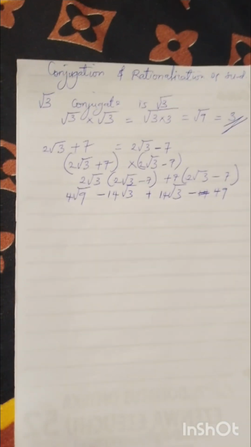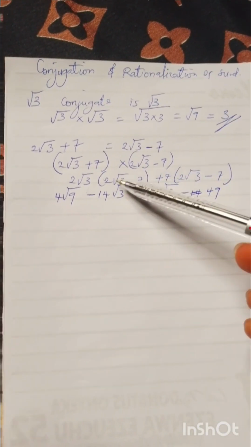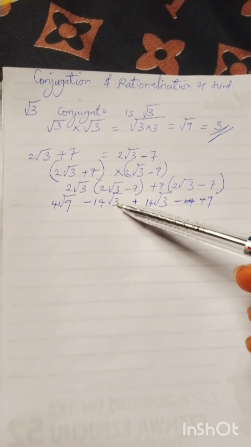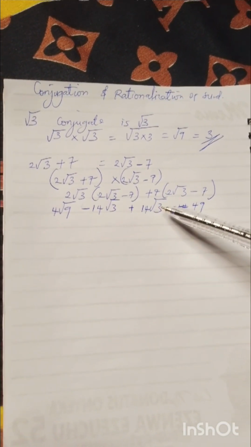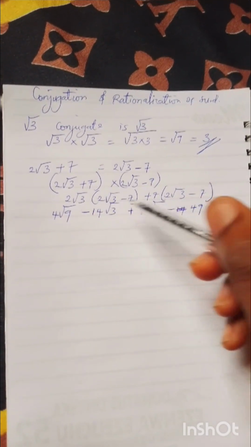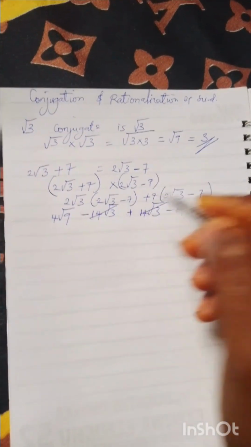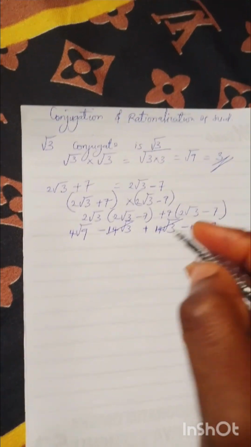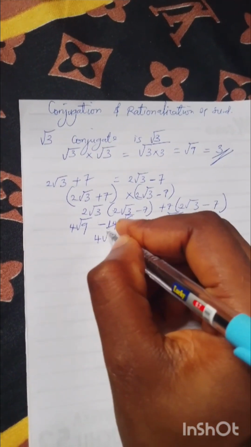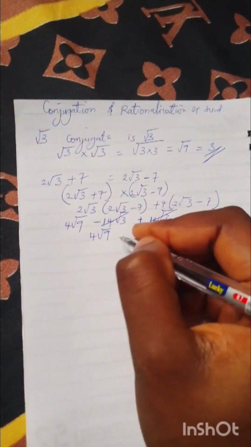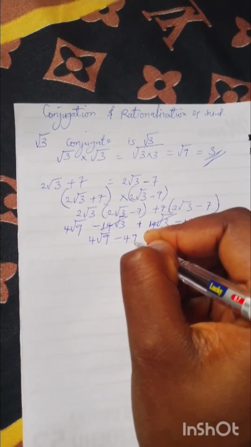Now I'm going to be adding or subtracting. Since we have minus 14 root 3 here and plus 14 root 3 here, we already know that these two are going to be giving me 0, so I can just cancel them out to make things easier for me. And now all that I have left is going to be 4 root 9 and this, which is minus 49.